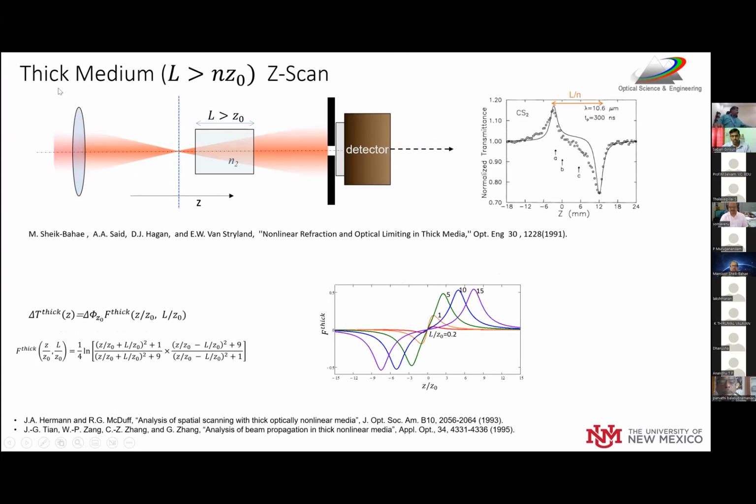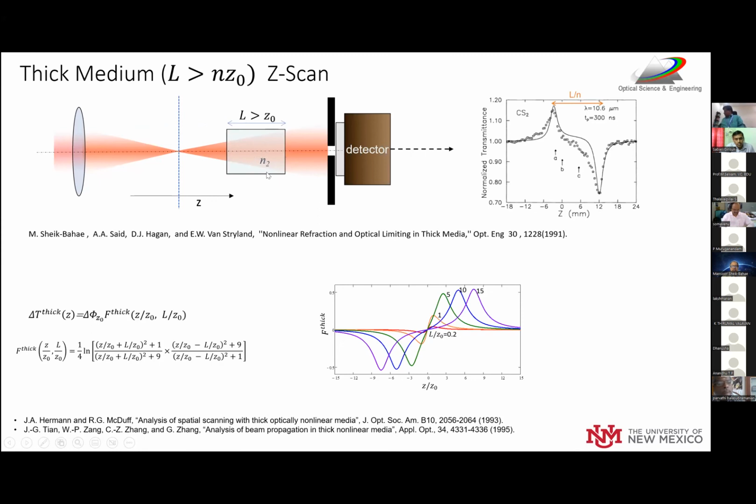I just wanted to give you some examples of what we call thick medium Z-scan. When the length is much larger than the Rayleigh range, your Z-scan trace is no longer just a peak quickly followed by a valley or the other way around. In this case, once you do your scan, the peak and valley correspond to focusing at the surfaces of your material.